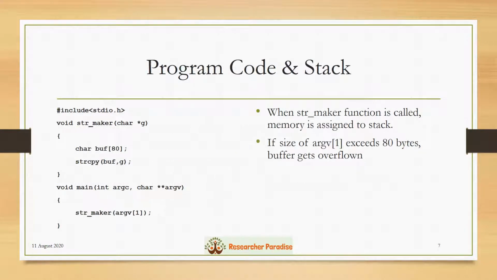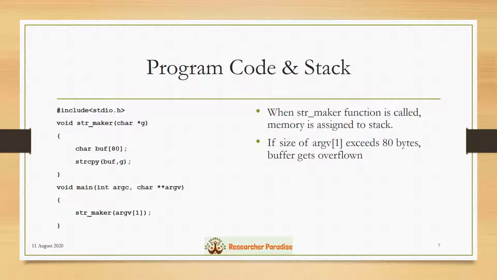Let us understand the working of stack and occurrence of buffer overflow with the help of a C program. Here on the left hand side, I have a simple C program which takes command line arguments from the user and using a string copy function tries to copy the value into a local variable buff.